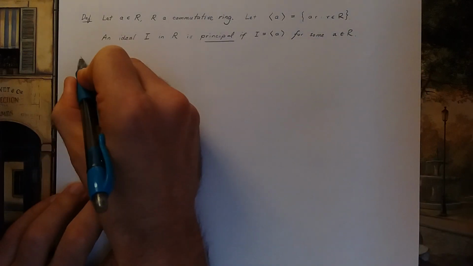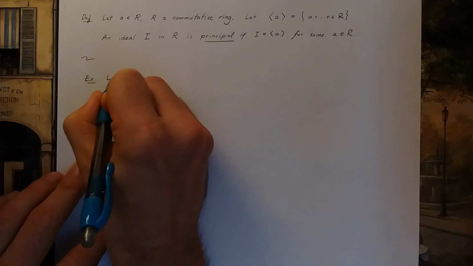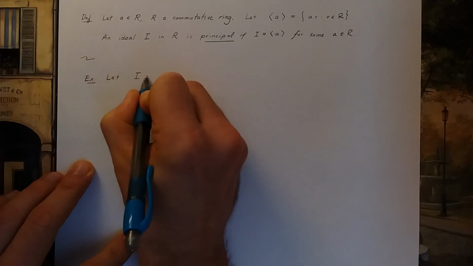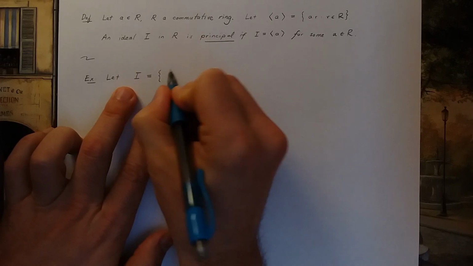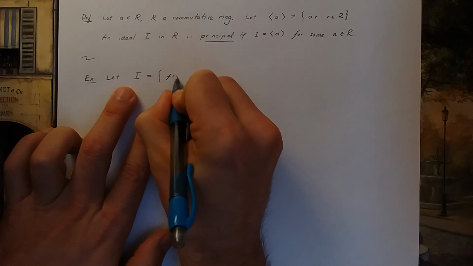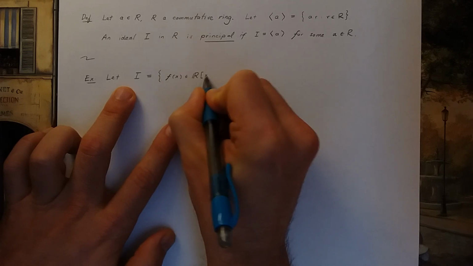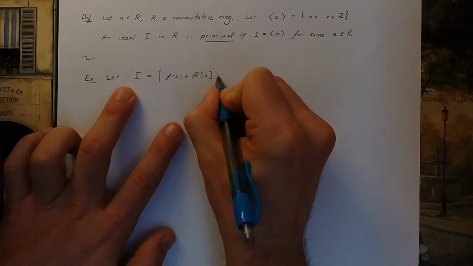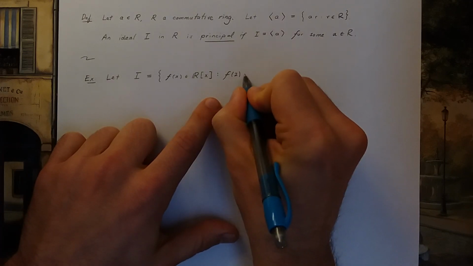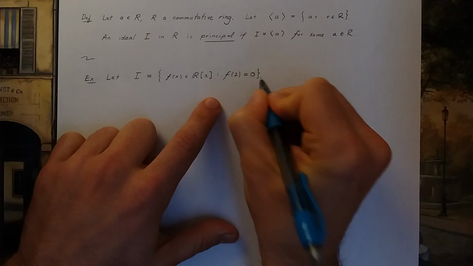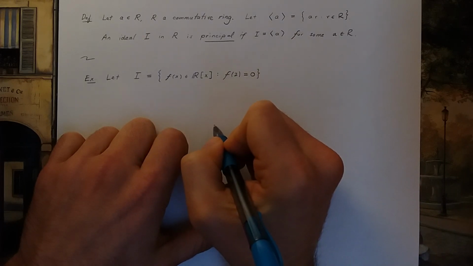Let's do some examples. So here's an example. Let I be the set of functions f in a polynomial ring with integer or real coefficients such that f of 2 is equal to 0. So 2 is a 0 of f.